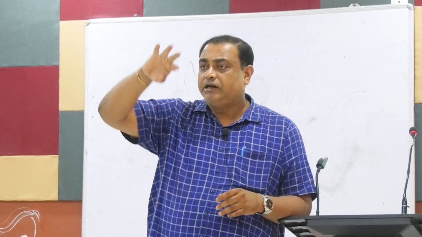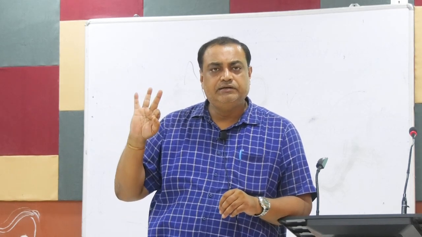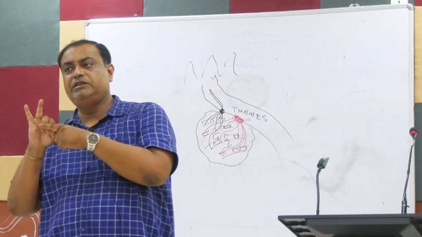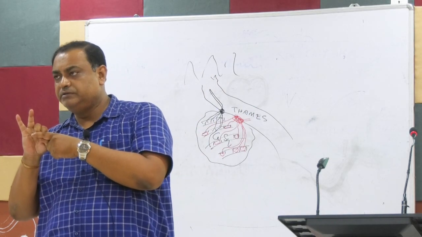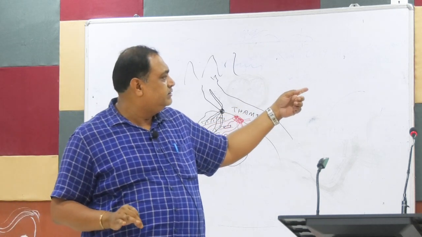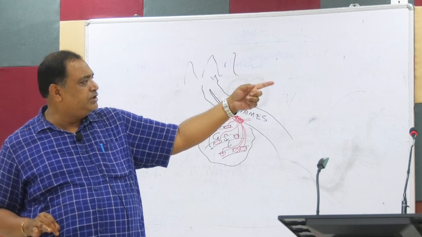Number 3: when they come back to normal. First, how soon they appear in the blood after tissue damage. What is it here? Within 6 hours.